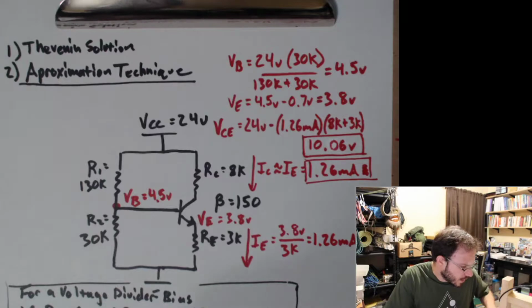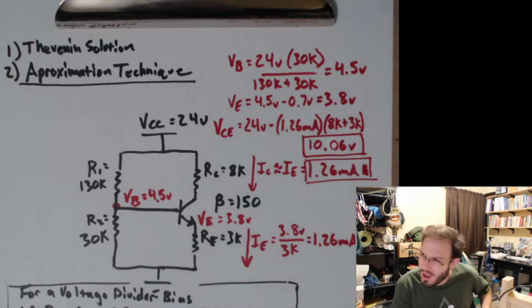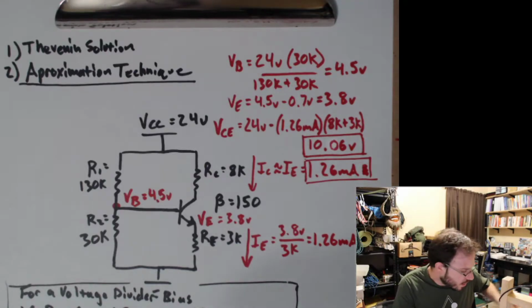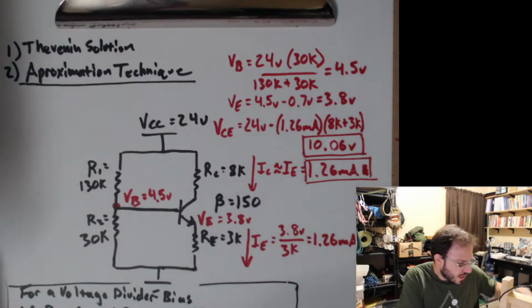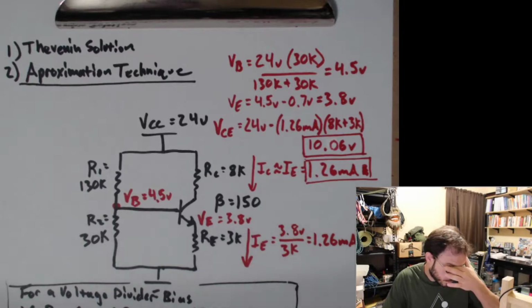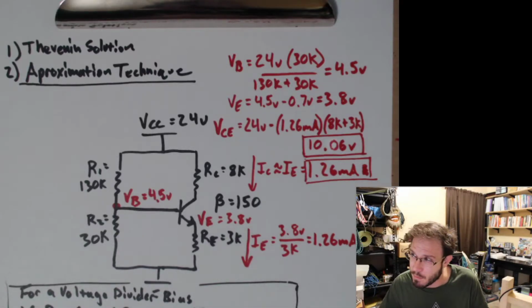Now this is all kind of in preparation for solving our first amplifier circuit. Now we need to go ahead and talk a little bit about amplification. That's what I'm going to do the rest of today.